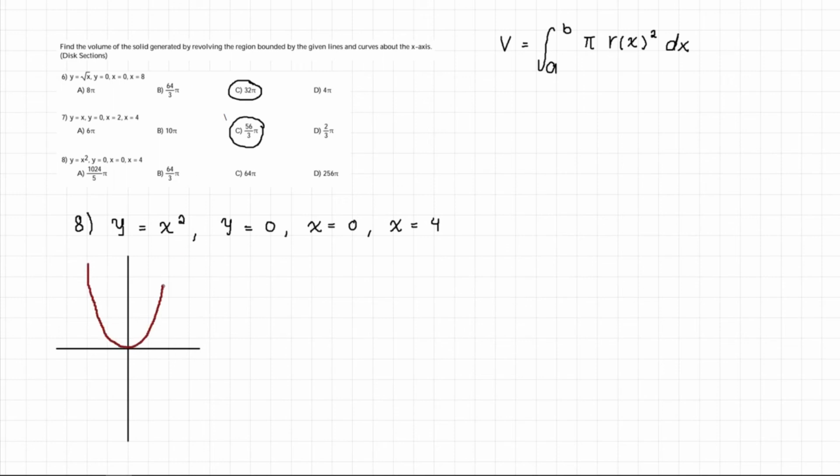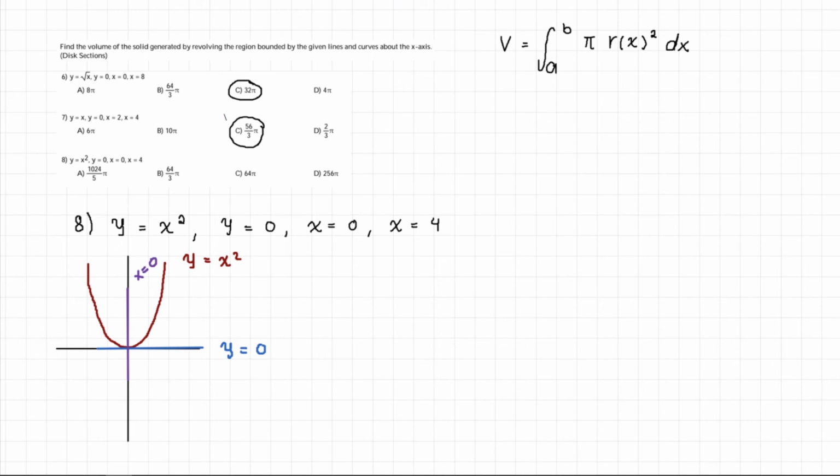The first line is the parabola y equals x squared. The next one is the line y equals 0. The next one is the line x equals 0. And the last one is the line x equals 4.